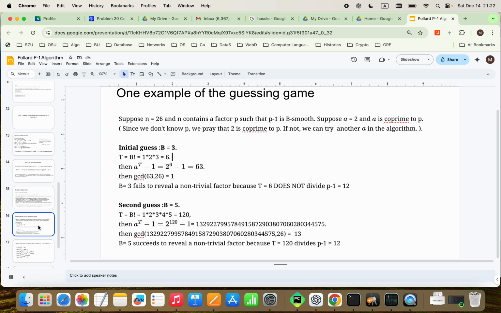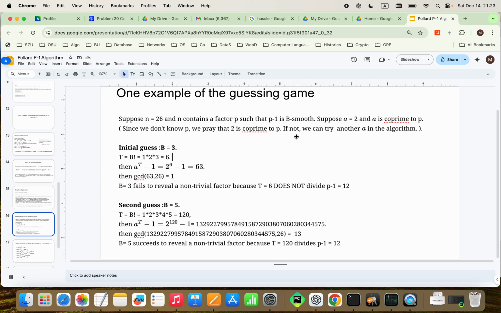Okay, so I'm going to demonstrate again the guessing game. So suppose our n contains a factor p such that p minus 1 is B-smooth, and suppose a equals 2 and a is co-prime to p, but we don't know p. We just pray that 2 is co-prime to p.